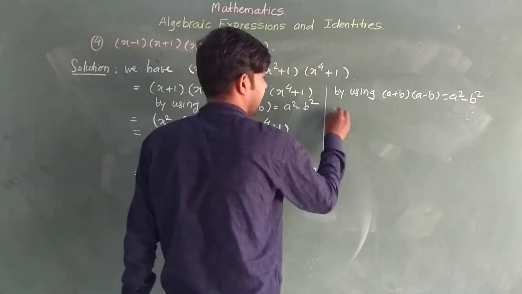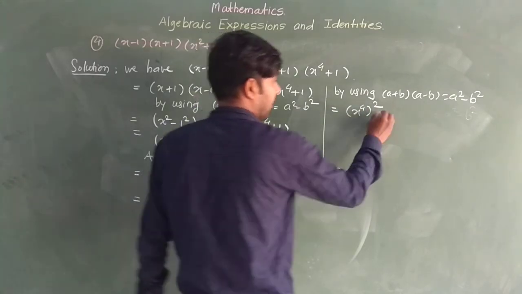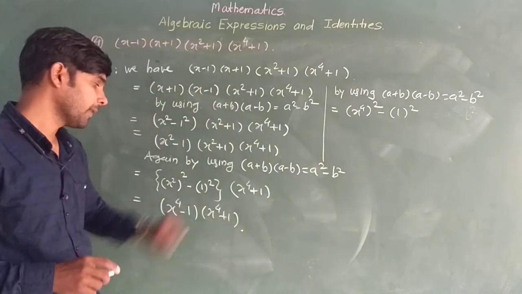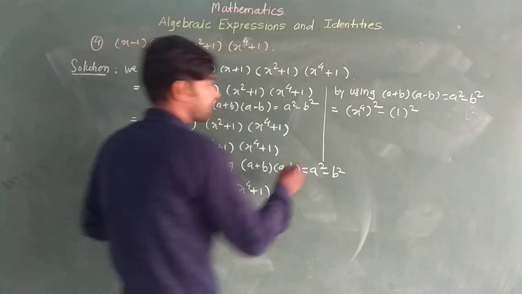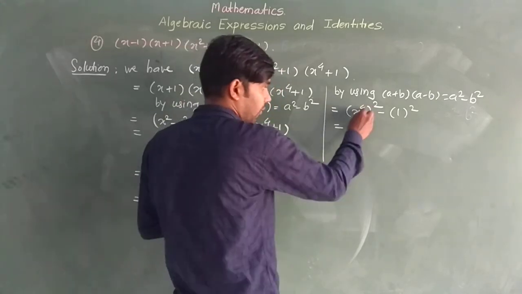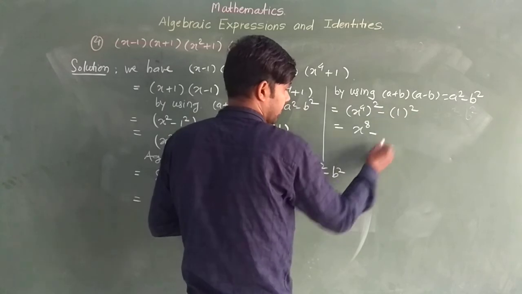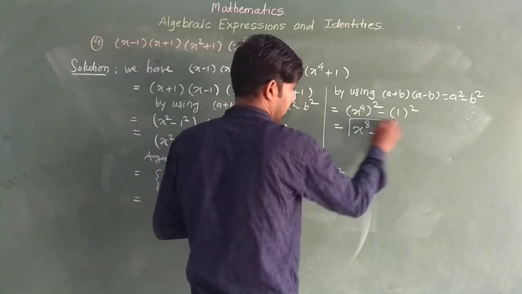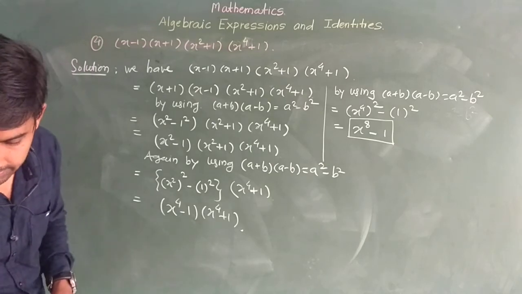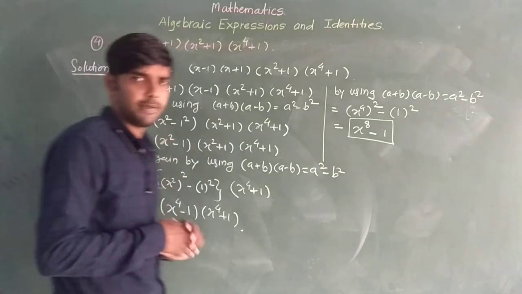So we write x raised to 4 square minus 1 square, because a is equal to x raised to 4, b is equal to 1. So the square of x raised to 4 is x raised to 8, minus the square of 1, which is 1. The answer is x raised to 8 minus 1. Alright? So it's very simple.